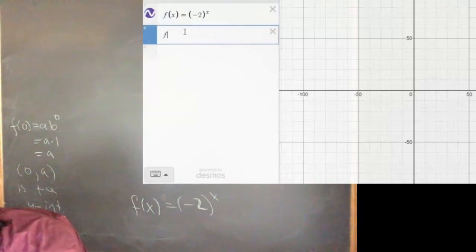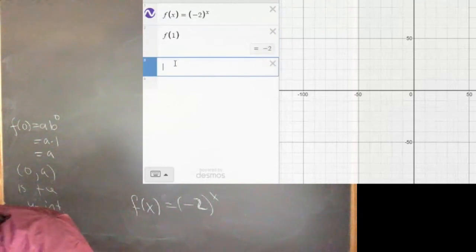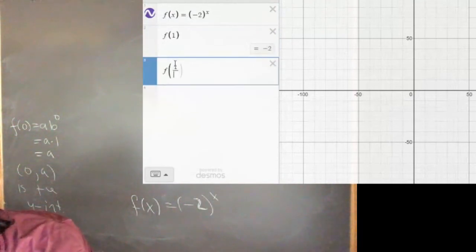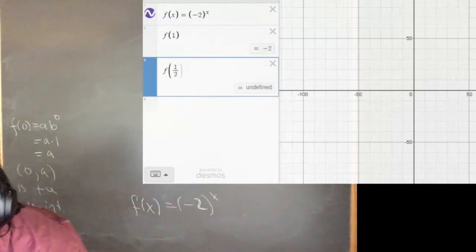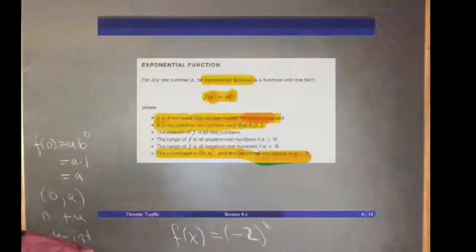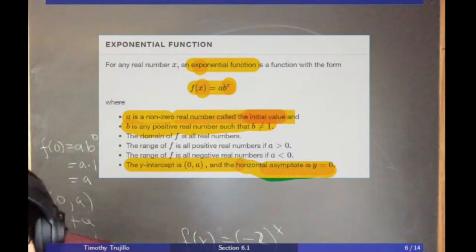You can see that sometimes if you plug in something like 1, you can get an output, like negative 2, but something like f of 1/2 becomes undefined. So here, we won't allow the base to be negative, because then it's something other than an exponential function. That's primarily because the domain ends up really being botched up.